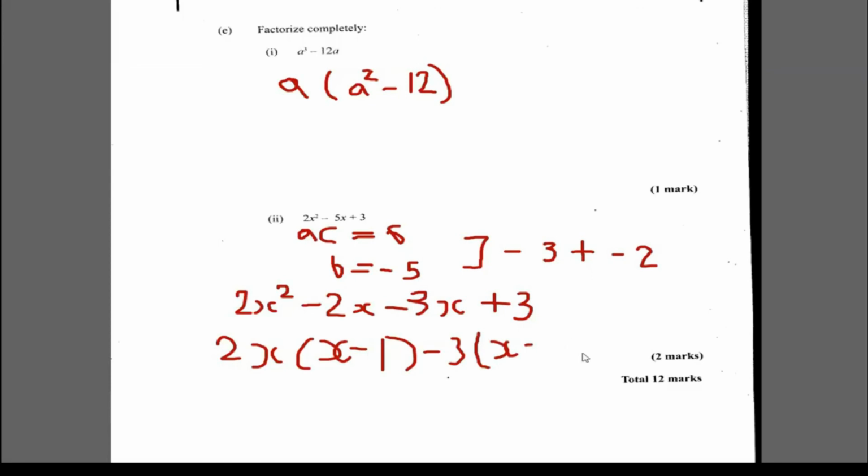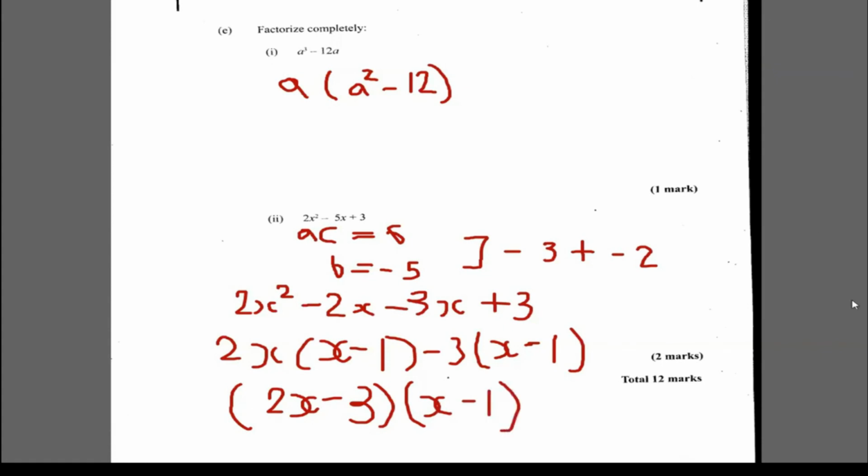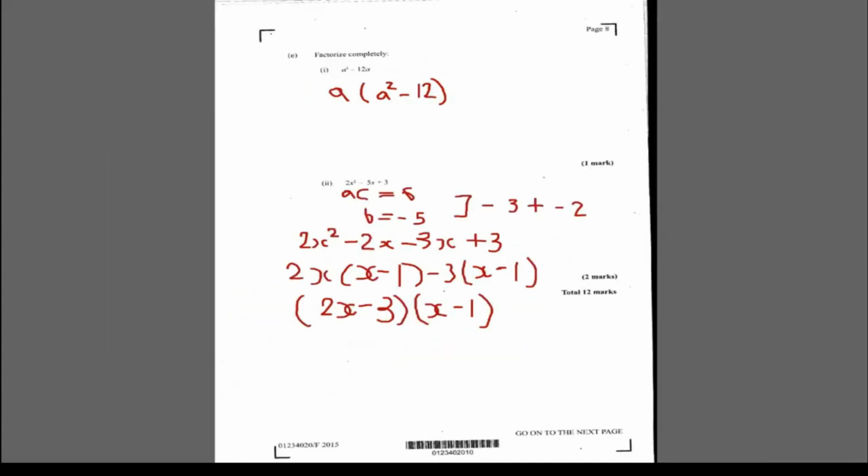And so all of this works out to be x minus 3 times x minus 2. That's it, nice and easy.